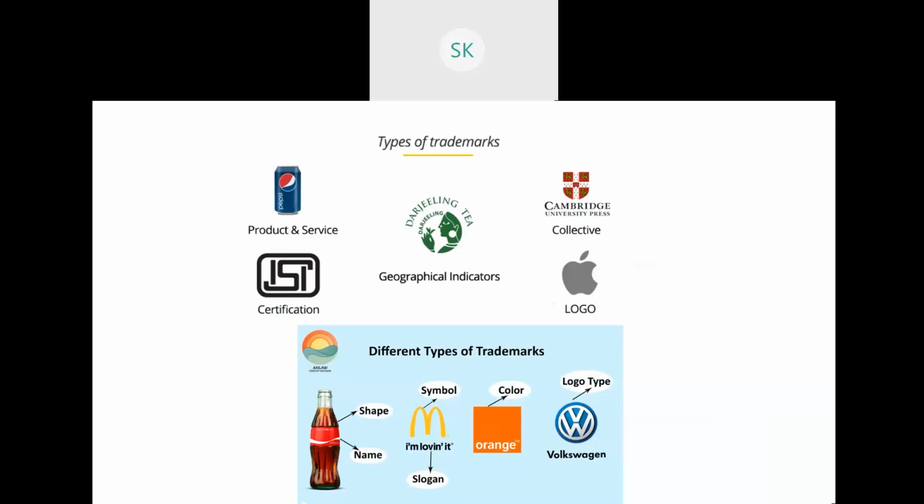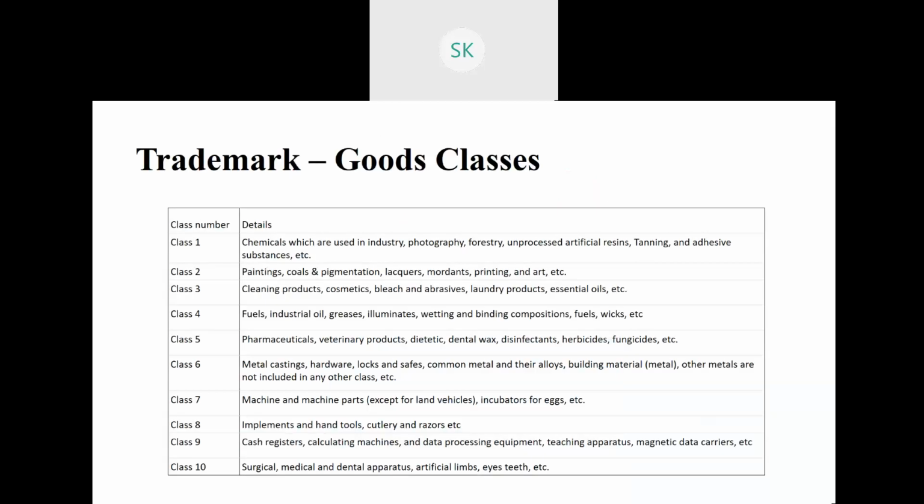So going towards the next slide. Now coming towards the 1 to 45 classes. From 1 to 35 we have goods, and after that up to 46 we have services. So individually, what are these classes 1 to 34 in the goods classes.